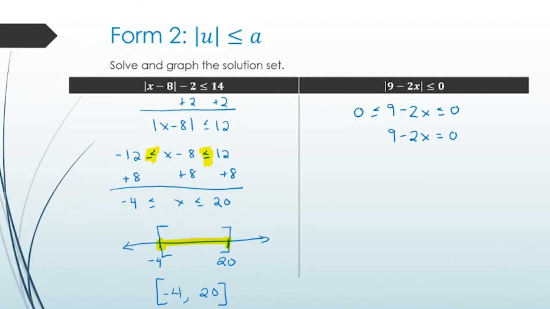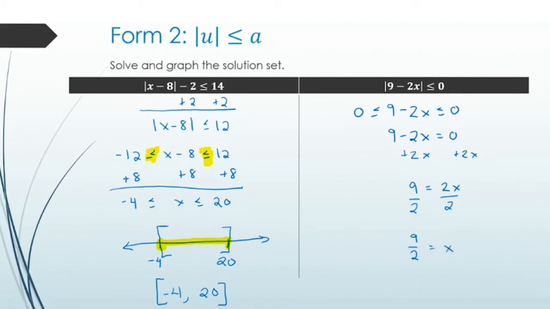So if I add 2x to both sides, so that I don't have to deal with any negatives, I get 9 is equal to 2x. And then we divide both sides by 2. You get x is equal to 9 halves.